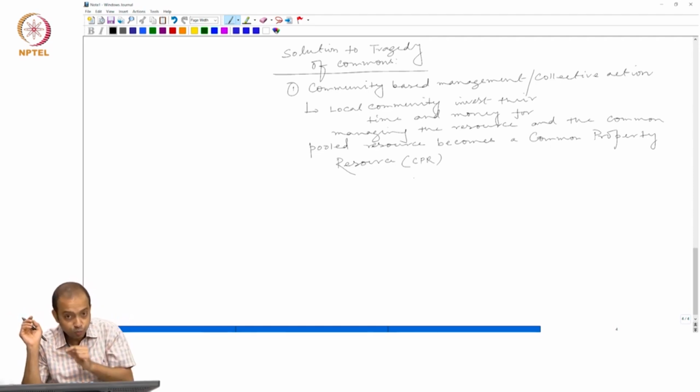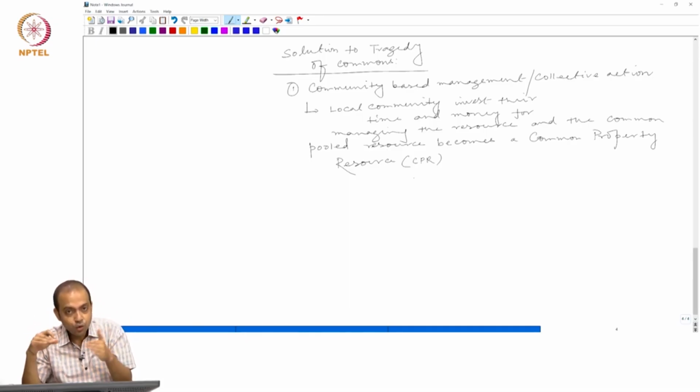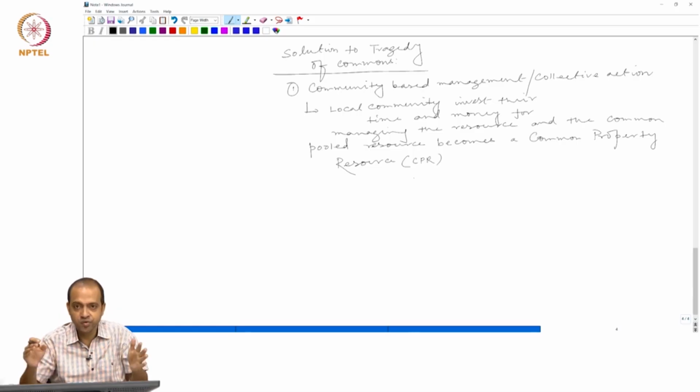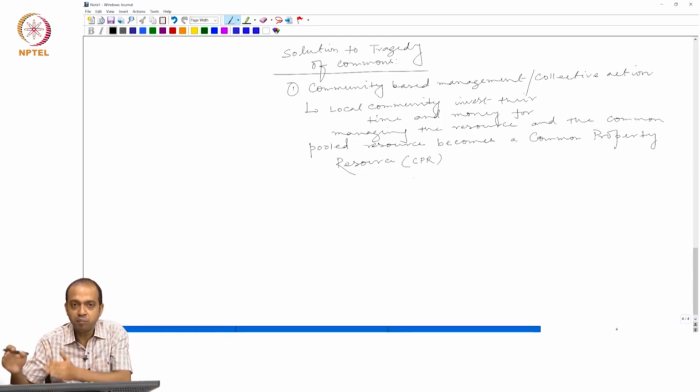In case of common property resource, the resource is basically owned and managed by the local community. Okay? The local community, they own the resource, they define the property right among themselves, and they decide about rate of extraction. They manage the resource by investing their time and money.